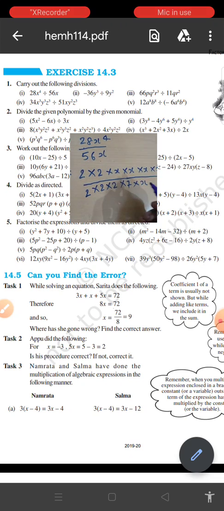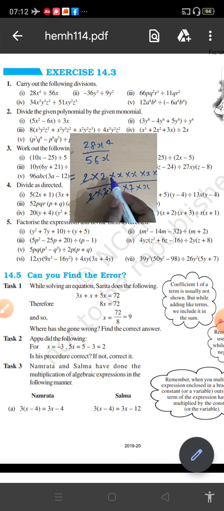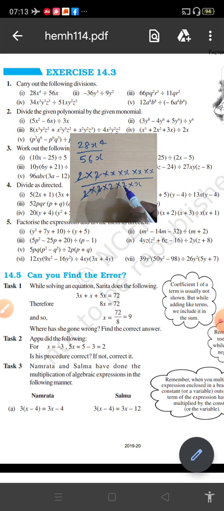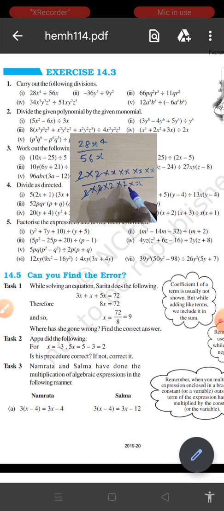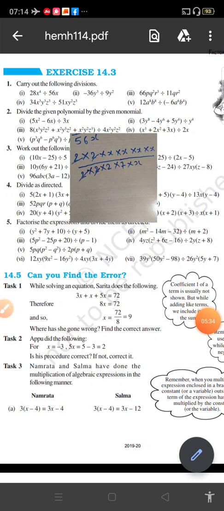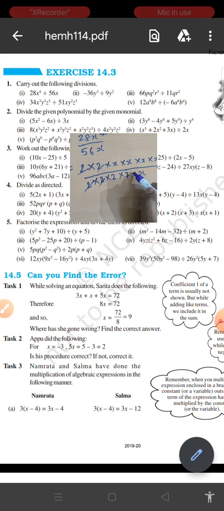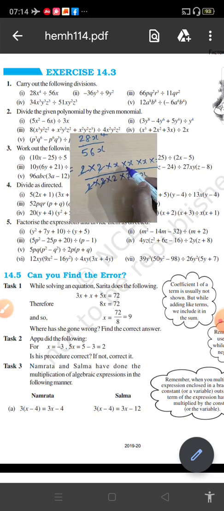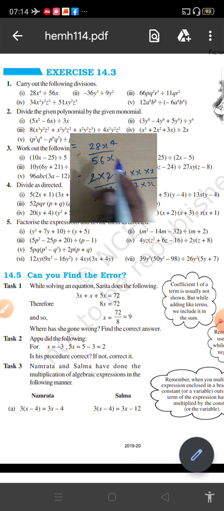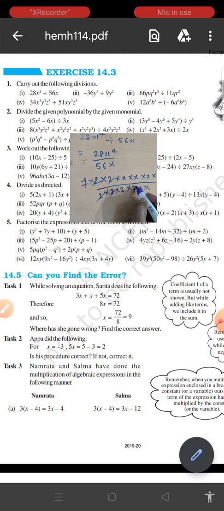You cancel it. So here you can see this 2 is cancelled by this 2, this 2 is cancelled by this 2, this x is cancelled, and this 7 is cancelled.